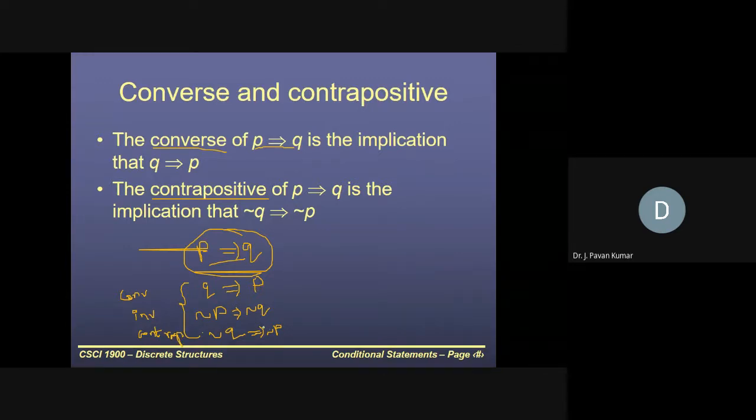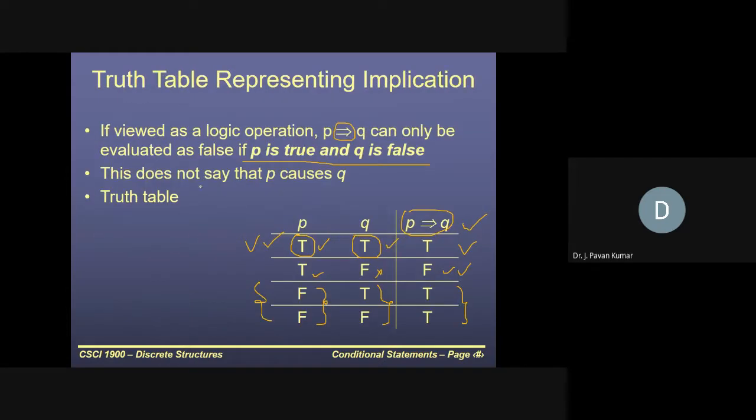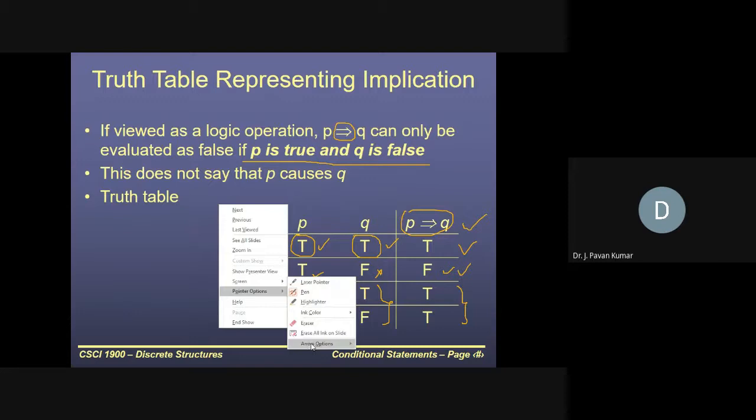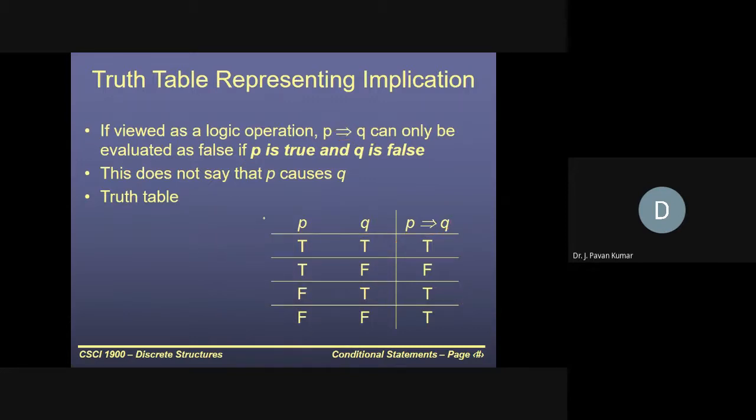Why it is important, you will see when you tell me the truth table for P, Q. We can consider the previous slide itself. Now consider the same P and Q. I will write here Q implies P. What do we call this?